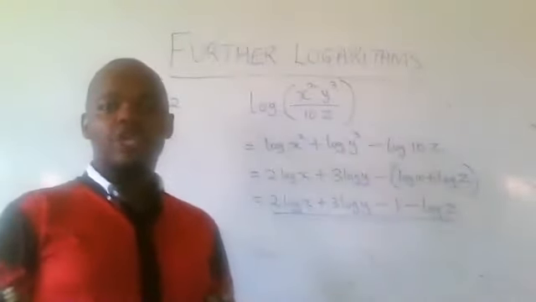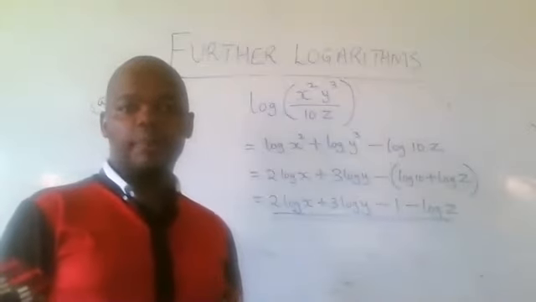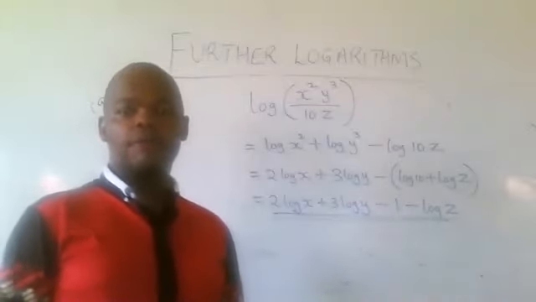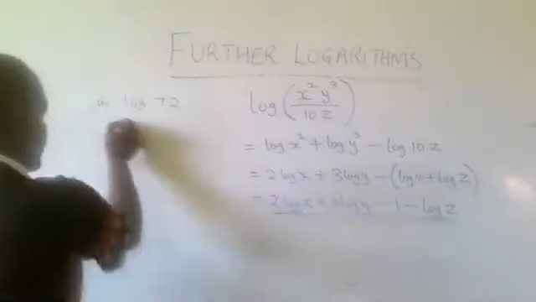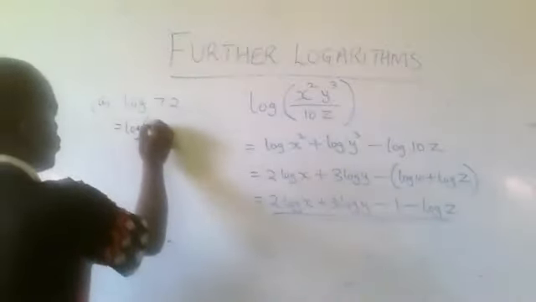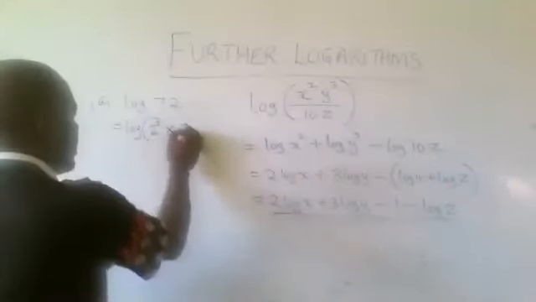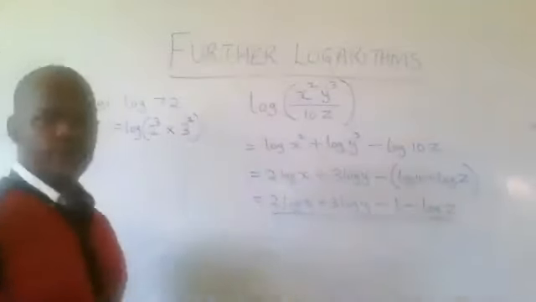So that 72, you have to express it in terms of the 2 and the 3. If you express the 72 in terms of the 2 and the 3, you will get log 2 power 3 times 3 power 2.